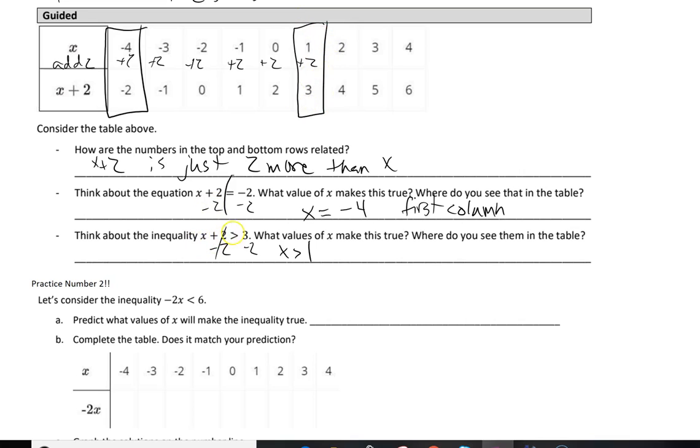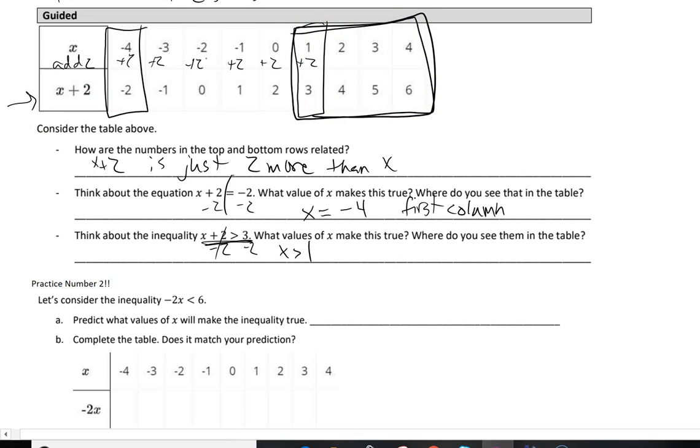So x plus 2 is greater than 3. Look at this row. That would be all of these boxes right here. And so we can see these are all values where x, look at the top row, is greater than 1. So where do we see them in the table? The last 4.